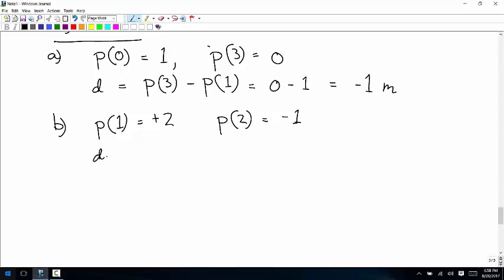And so the displacement is the position at 2 seconds minus the position at 1 second. And so that's negative 1 minus 2, so negative 3 meters. You can also get positive numbers, but the sign tells you the direction.